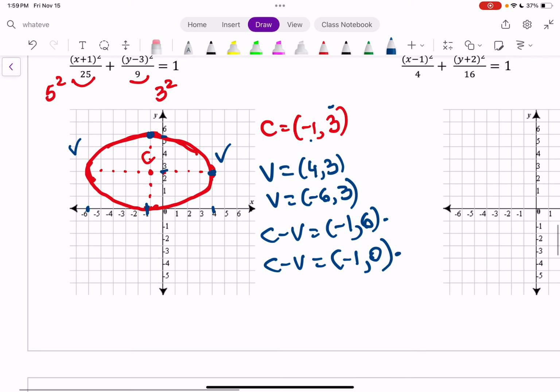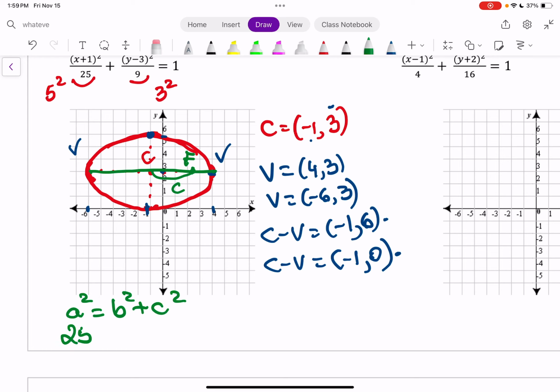Okay. And finally, to find the foci, which, by the way, are going to have to be somewhere here on the major axis, I have to find that C distance from the center to the focus. Okay, so A squared is B squared plus C squared. A squared is 25, B squared is 9, and then we're going to find C squared.